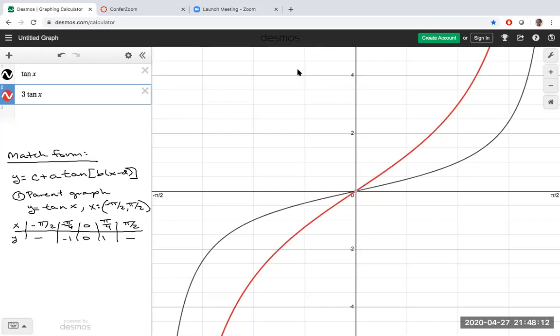So for this second graph, A is equal to 3. And we want to see what happens to our y values. Well, we're still going to have asymptotes at the same end values for x.